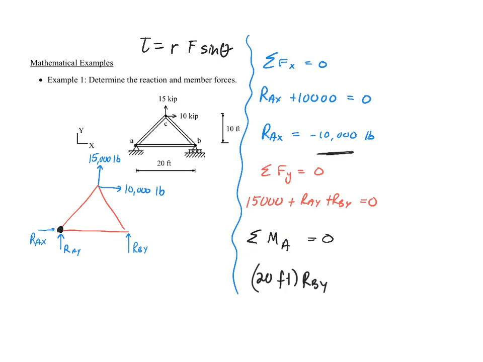Clockwise is negative, counterclockwise is positive. So I look at this member and ask myself: if I were to apply a load upward, with this as the pivot point, this entire bridge would have to rotate this way. So this force causes a counterclockwise torque. Therefore, it's positive, and I don't have to put a negative sign there.